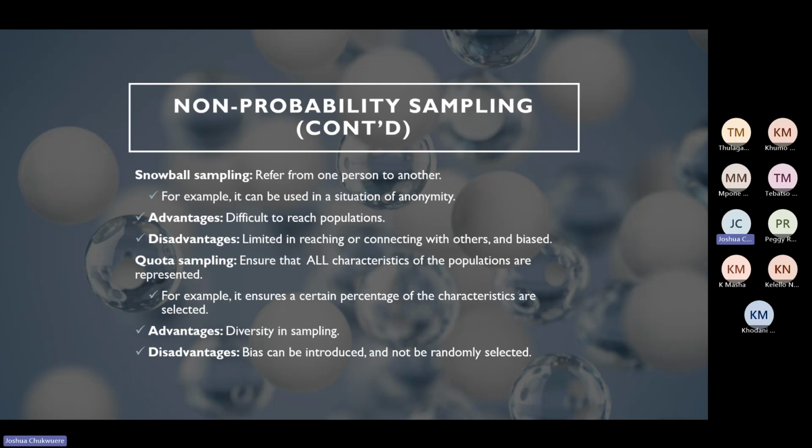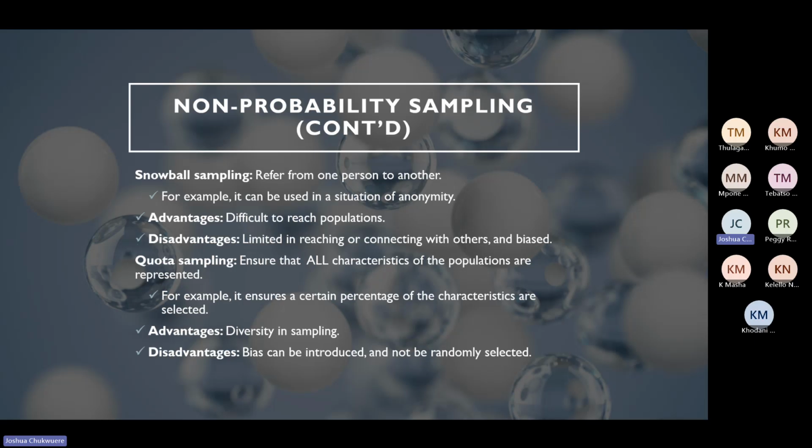There's also quota sharing. This ensures that all characteristics of the population are represented. In the same way we have a cluster, it's the same way. So it ensures that a certain percentage of the characteristics are selected.